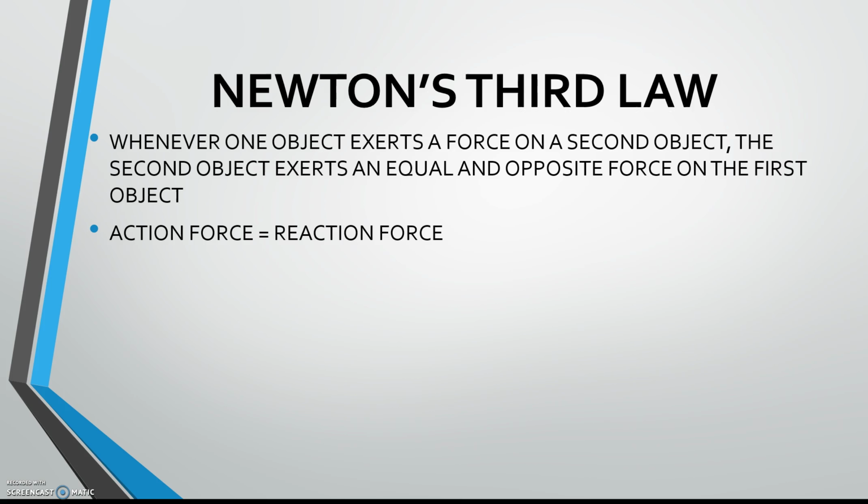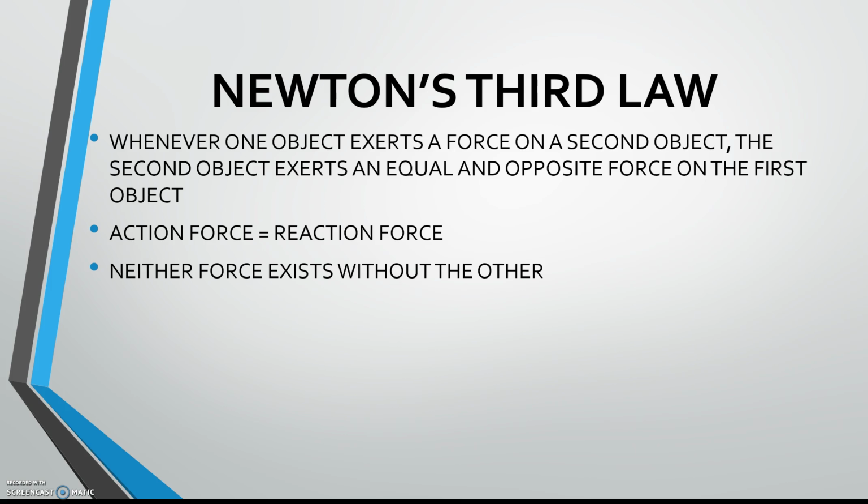And that'll equal the reaction force, which is the force exerted by the other object in the interaction. So when we talk about Newton's third law, we're saying that two objects are interacting with each other. They're both exerting forces on each other, and those forces are going to be equal and opposite.